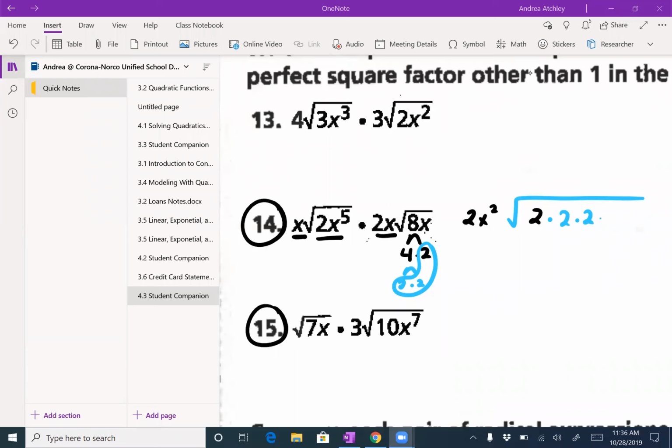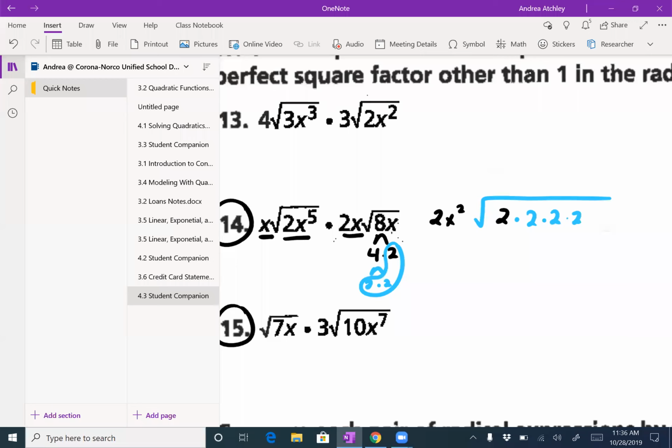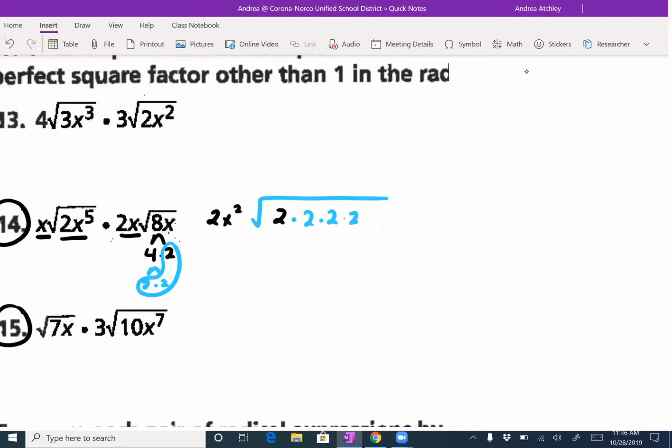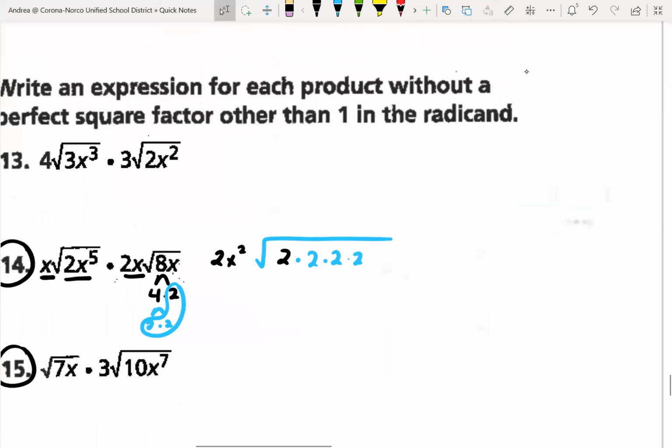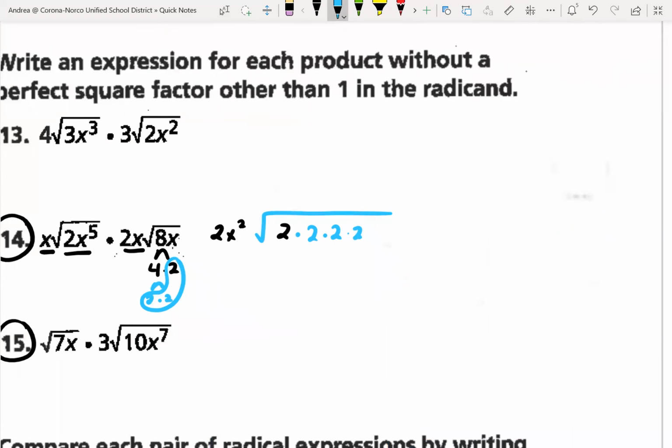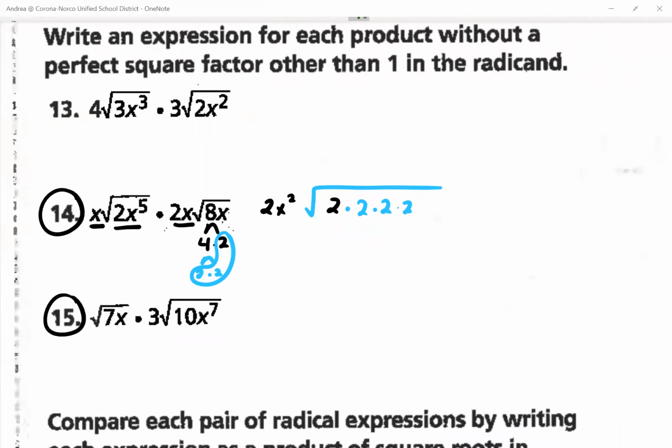So I should have 4 2's inside my radical. Okay, so we have 2 times 2 times 2 times 2, and then we have to multiply our x's. X to the 5th times x is x to the 6th.